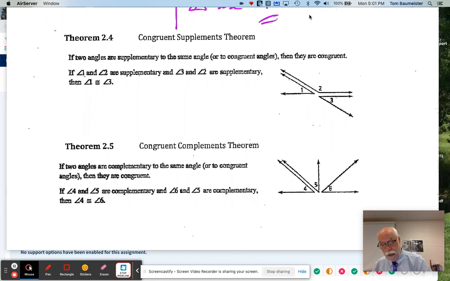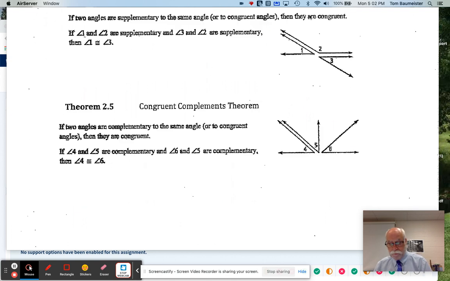And we know that angle 2 and 3, these ones right here, are also supplementary. So if two angles are supplementary to the same angle, then that means that angle 1 is congruent to angle 3.